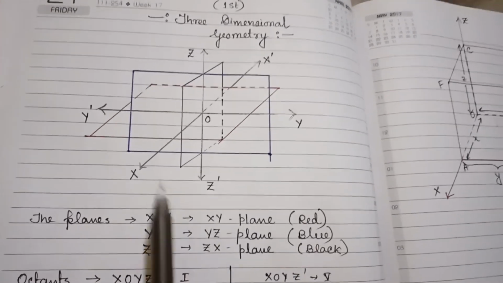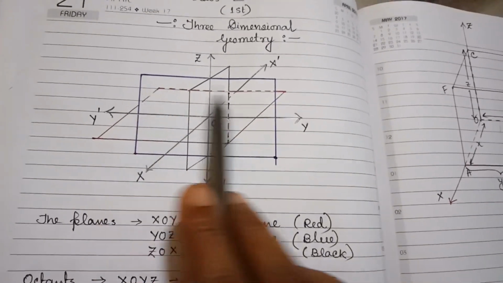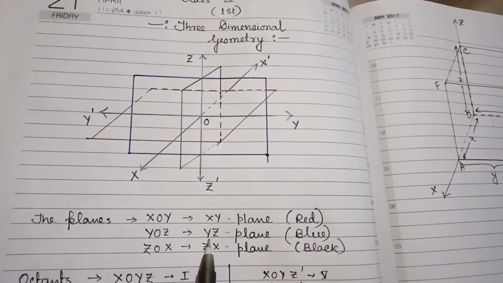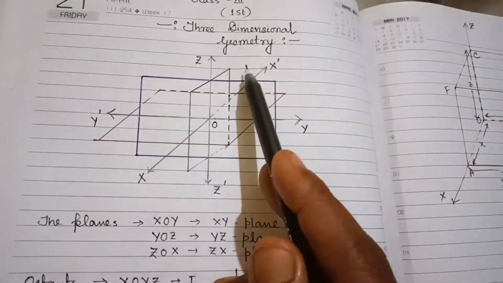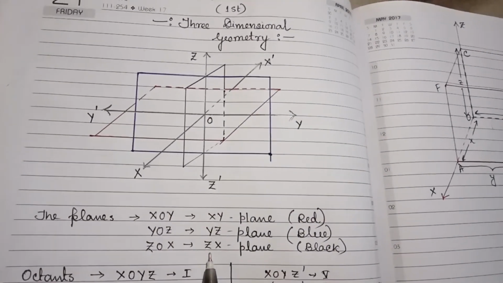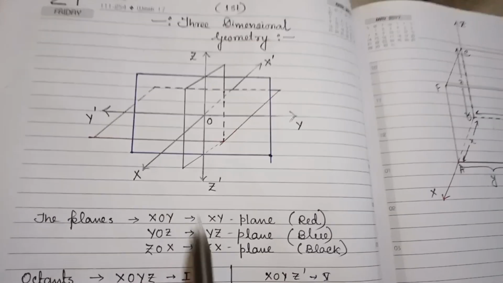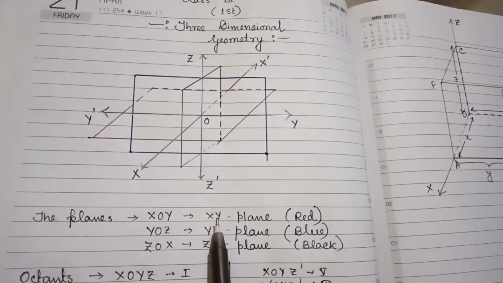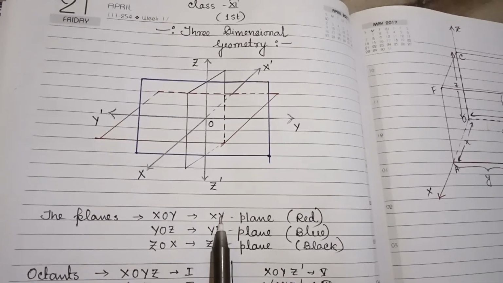Again, the blue colored rectangular shape is the YZ plane, the black colored parallelogram shape is the ZX plane, and the other red colored parallelogram shape is the XY plane.